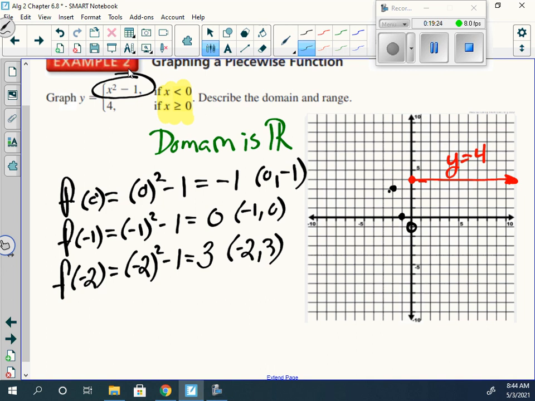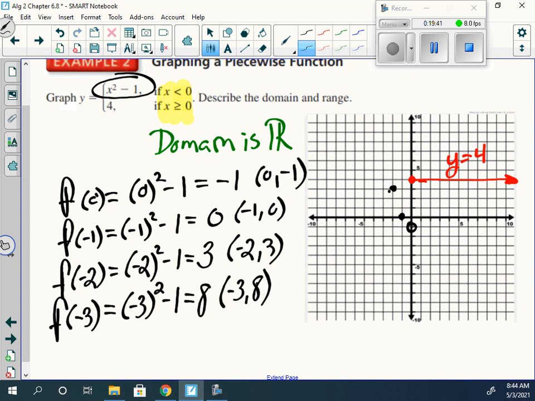Now let's find one more. Negative 3 squared minus 1. And this would be 8. Because negative 3 squared would be 9, and 9 minus 1 is 8. So negative 3, 8. It would be right up here.